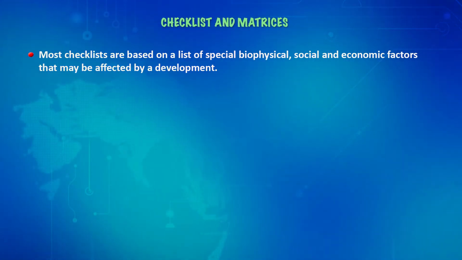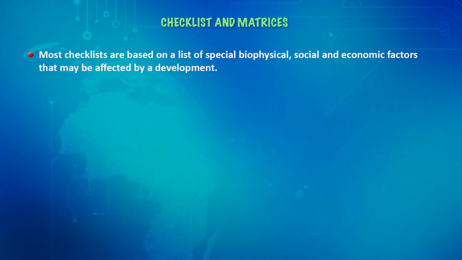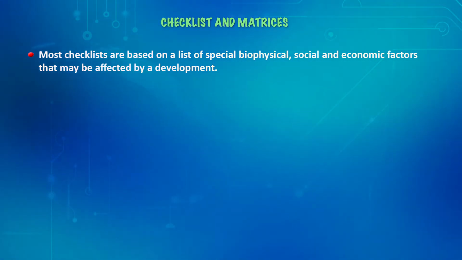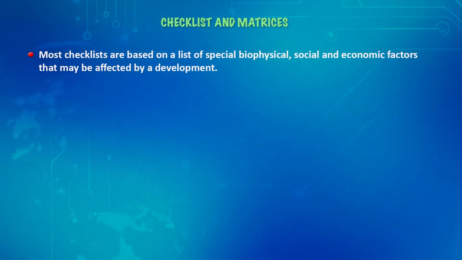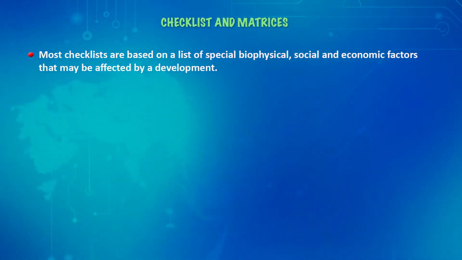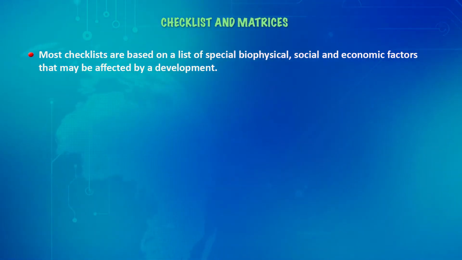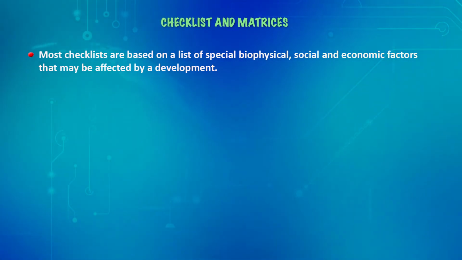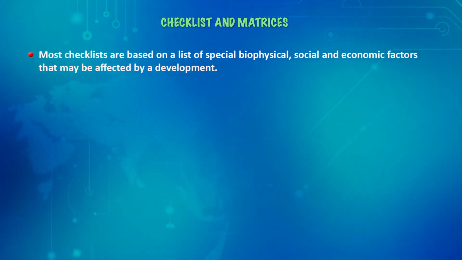When you understand how a project proposal or any kind of developmental project can have an impact on the environment, these factors have to be taken into account. So in a way, the checklist takes into account all the possible factors: biophysical, social and economic. This is basic about the checklist.